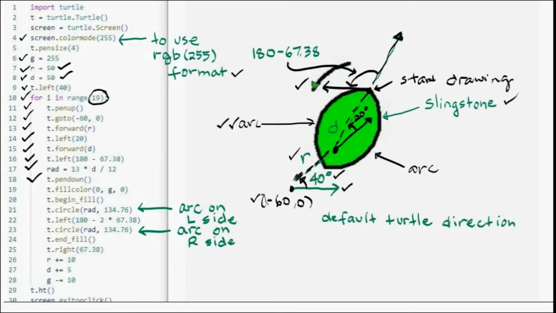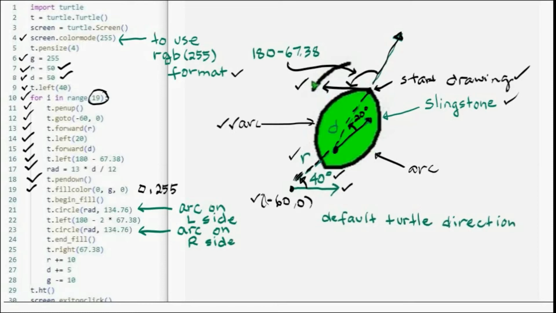Note that I am drawing at this point here. I'm checking on the brace start drawing. It is pointing to a point. And then I specify the fill color. Every slingstone that I am drawing has a color. Initially, this is 0 to 5.